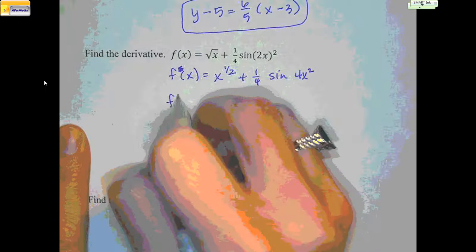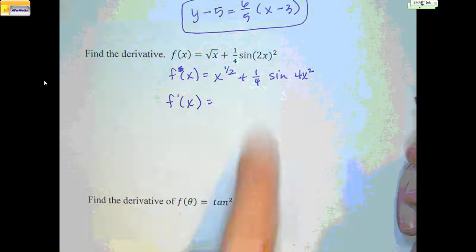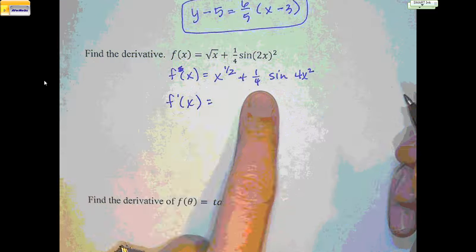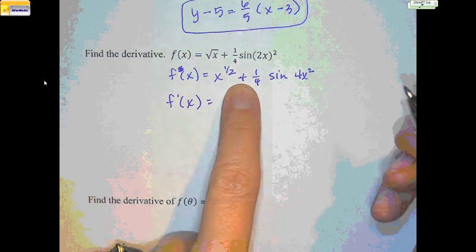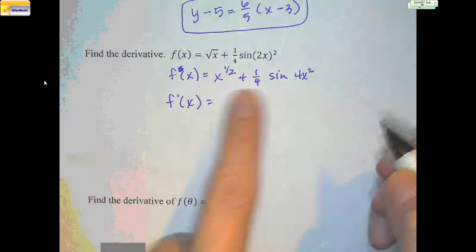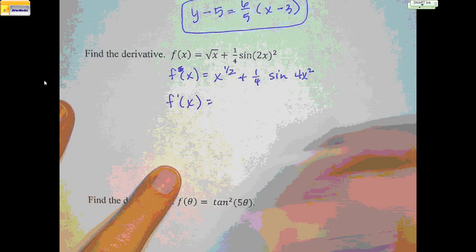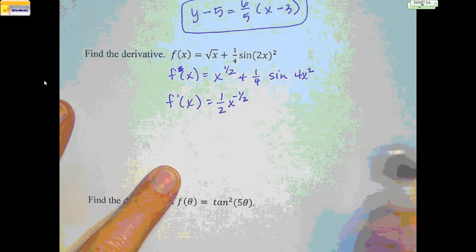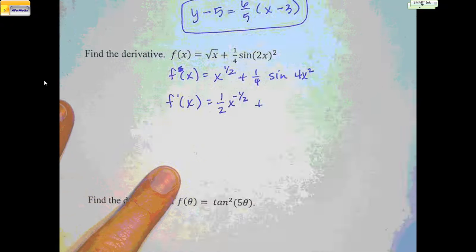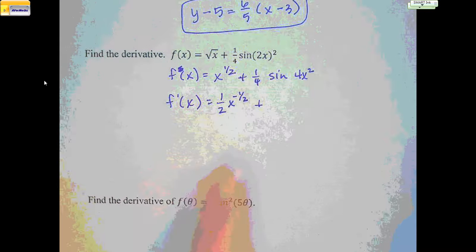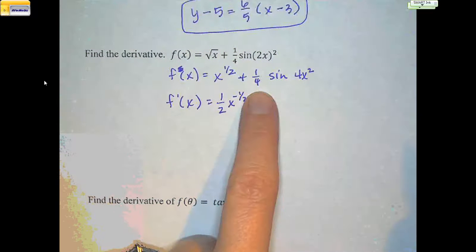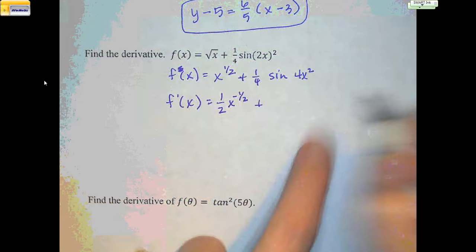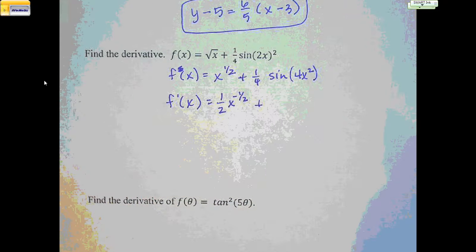So then we find our derivative. Now we're adding two terms. The rule says you find the derivative of the first one and add it to the derivative of the second. So the derivative of the first is 1/2 x to the negative 1/2 plus, now we have this constant here. We're not squaring the sine, we're squaring just the x.